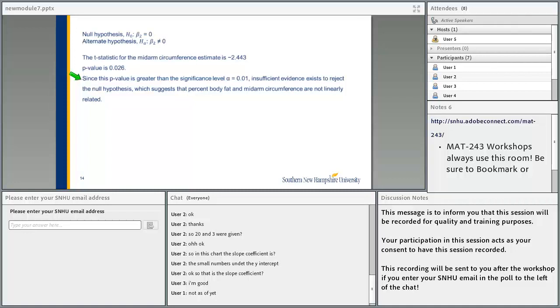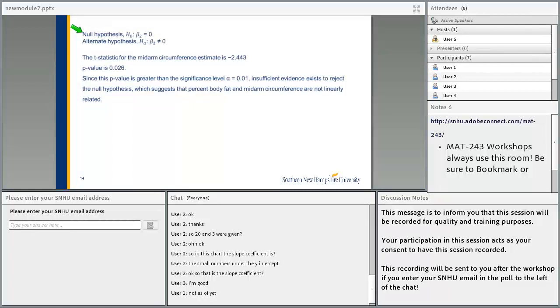So 0.026 is greater than the significance level. So insufficient evidence exists to reject the null, which suggests that the % body fat and mid-arm circumference are not linearly related. So that's what the null is saying, that beta 2 is 0, there is no relationship. But we cannot reject the null because our p-value is greater than alpha.